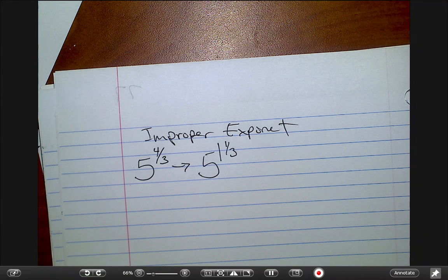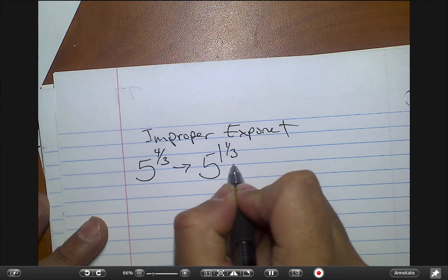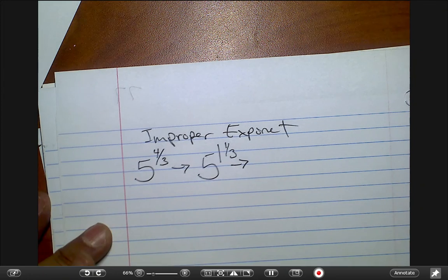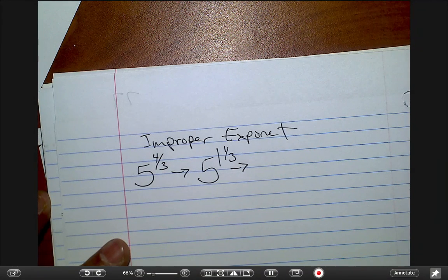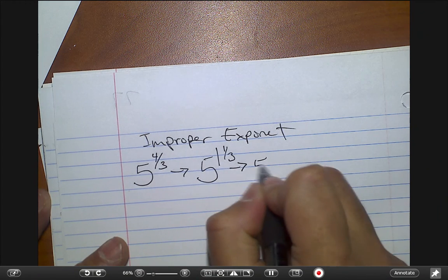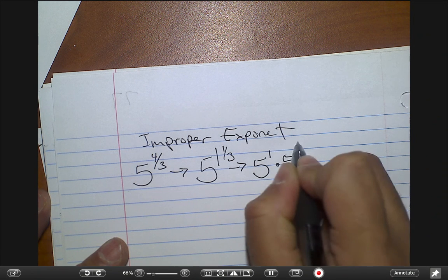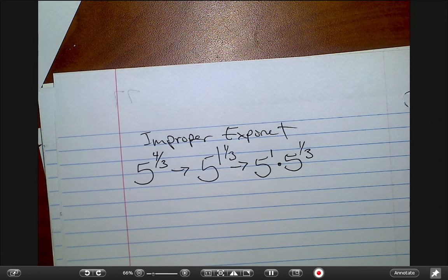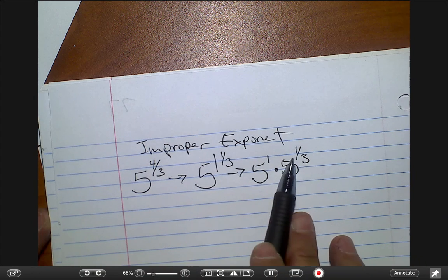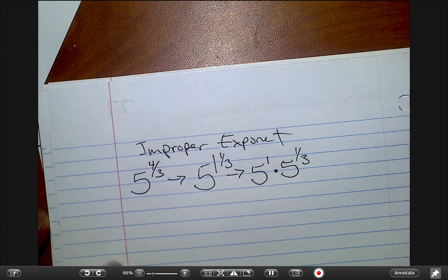So I'm rewriting it like that. Now, I'm going to rewrite it again, explaining what this is. So this is going to be 5 to the 1st times 5 to the 1/3. Because it's an improper fraction, I'm able to break it up like this.